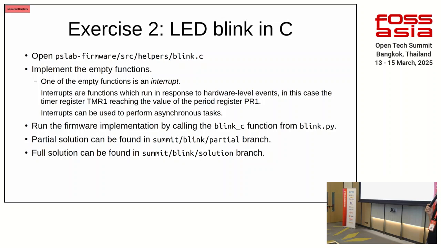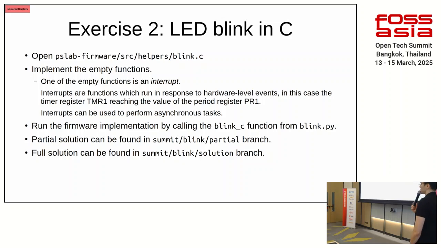You can't do anything else with it while you're blinking the LED using a Python implementation. But if you do this in C, you can use hardware interrupts to handle the blinking for you, leaving the PSLab available to do other things at the same time. So that's why there's an advantage to doing this in C.